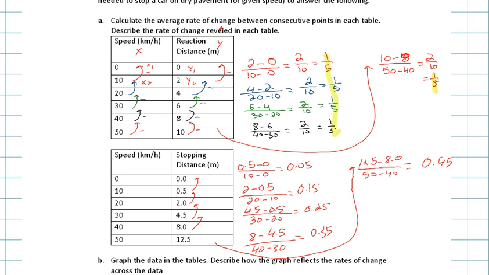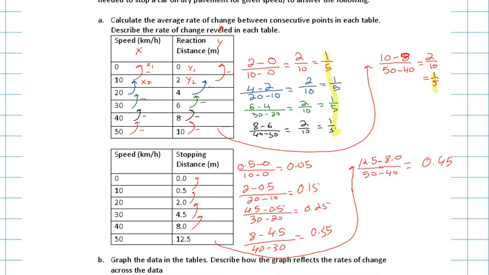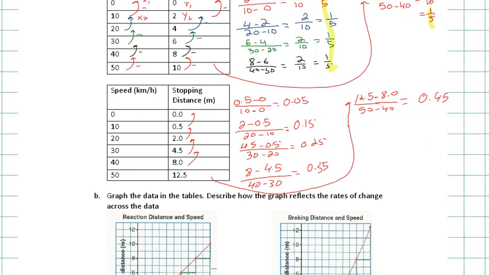However, in the second table, we have calculated our slope and we determined that the slope is increasing as you go down. So this is not a constant slope, right?